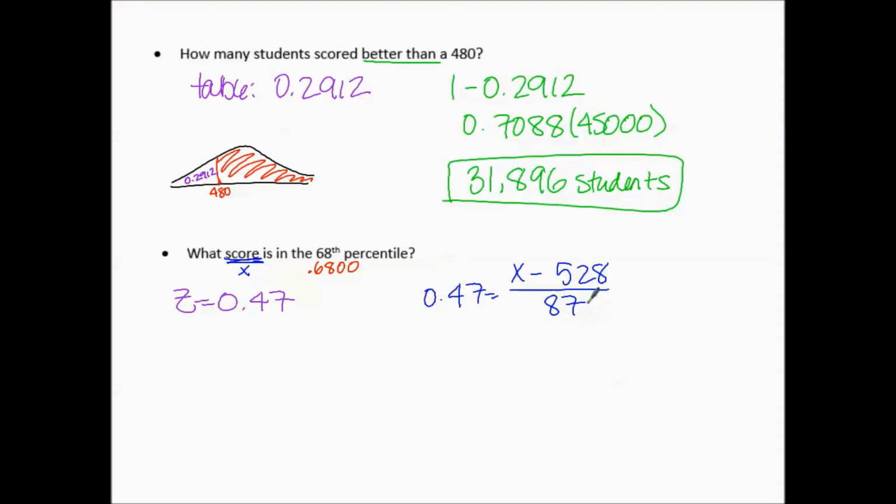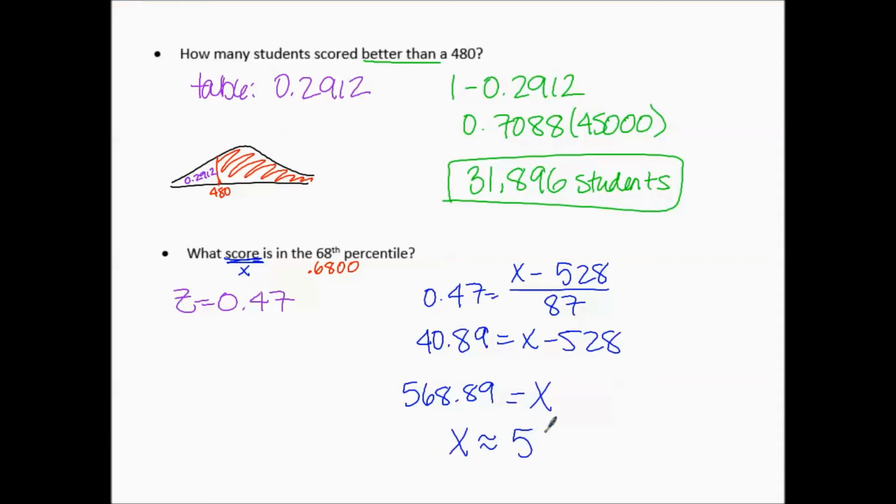So if you multiply both sides by 87, you get 40.89 equals x minus 528. And then you add 528 to both sides, you get x equals 568.89. So their score was approximately 569.